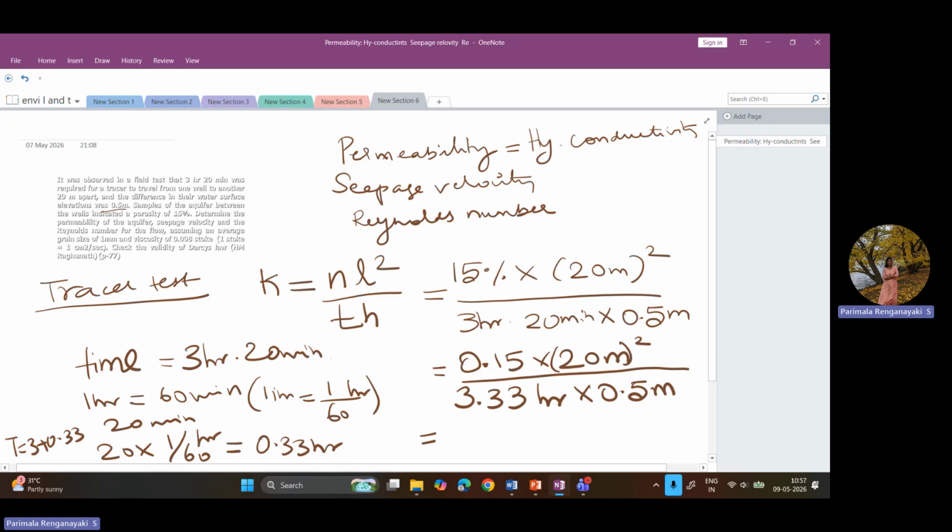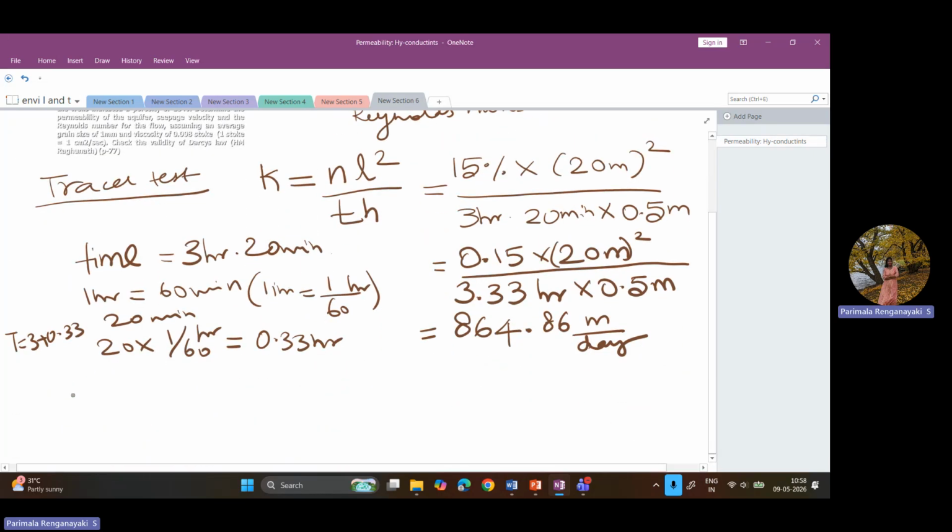Now we just convert this hour also directly. If we convert this hour into day, we will get 864.86 meter per day. This is our hydraulic conductivity. Maybe this hour conversion you can try.